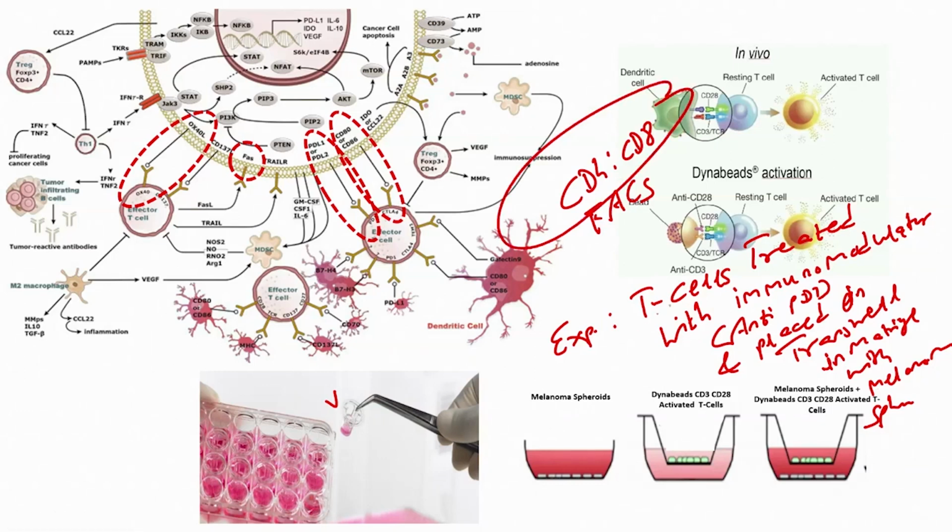Now, when you treat T cells with anti-PD1, like I said, we are blocking PD1 on T cells, and we want to see what is the effect of blocking PD1 on the CD4 CD8 ratio.